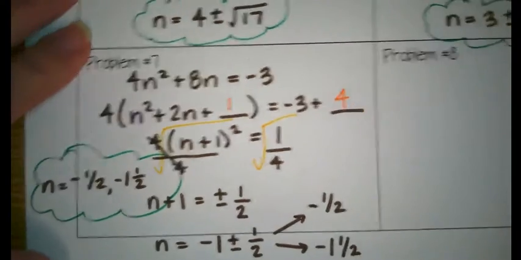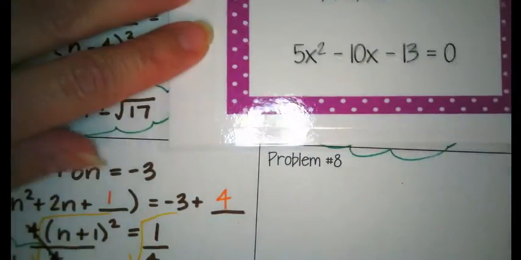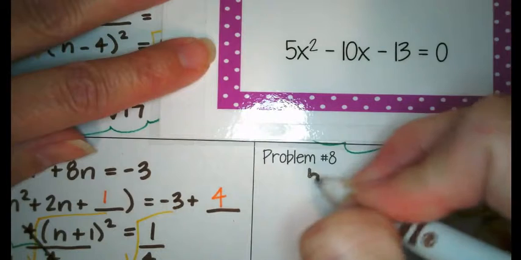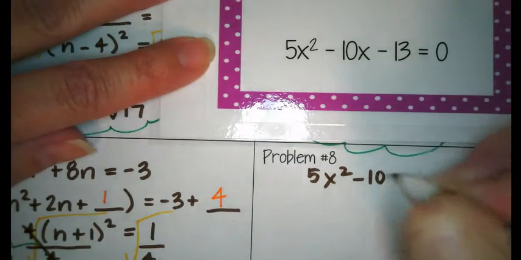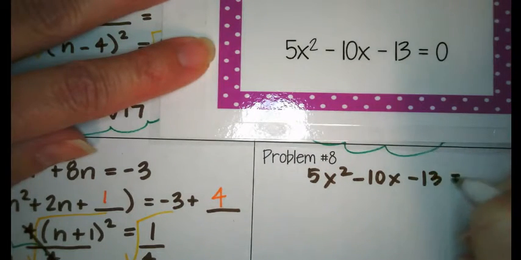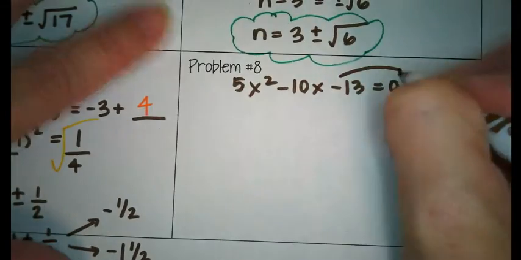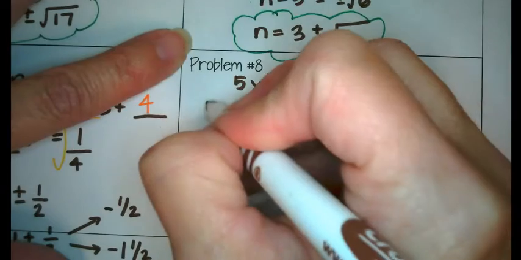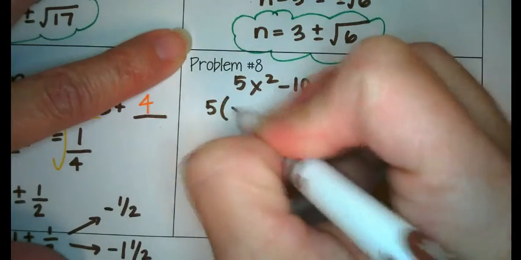All right, last one. So save the best for last. 5x squared minus 10x minus 13 equals 0. All right, so we need to move the 13 to the other side. And I might go ahead and pull this 5 out at the same time.